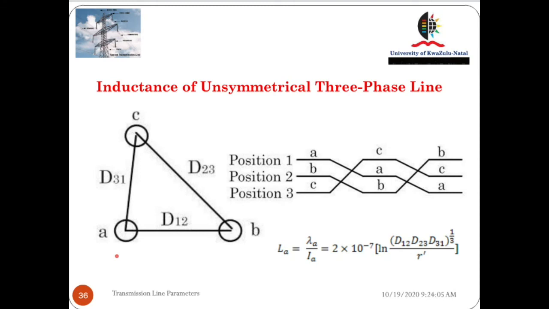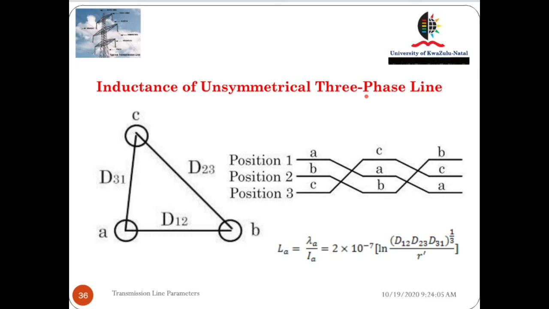Between A and B, the distance is D12, for the conductors between B and C, the distance is D23, and for the conductors C and A, the distance is D31. So the distances are different, so that makes it unsymmetrical.